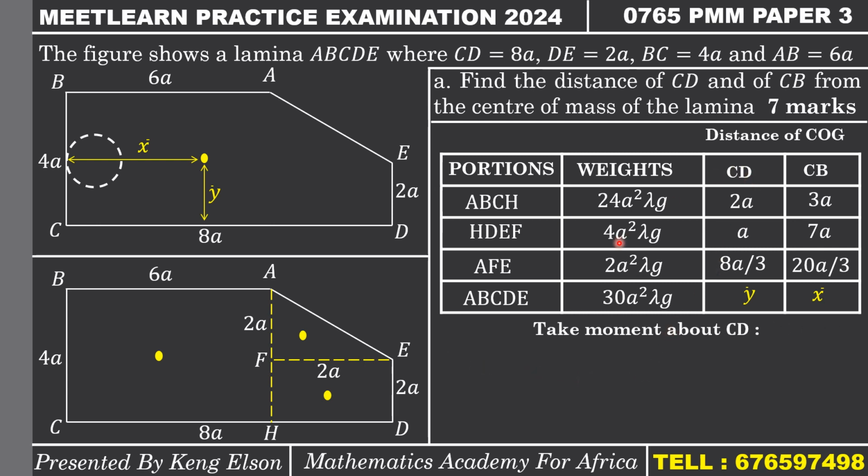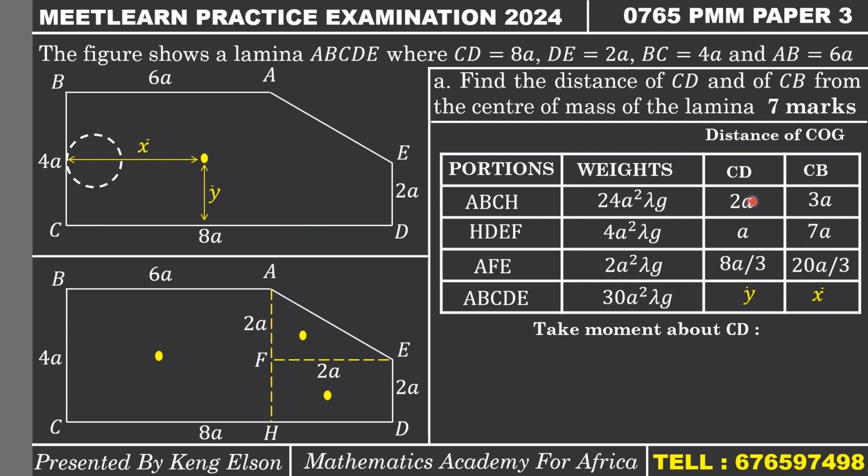The moment of the whole lamina about CD is equal to the sum of the moments of the individual portions that make up the lamina. The moment of the whole lamina is the weight times the perpendicular distance from CD, which is a vertical distance, y bar.